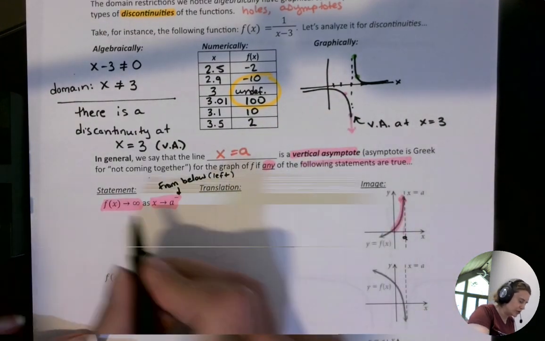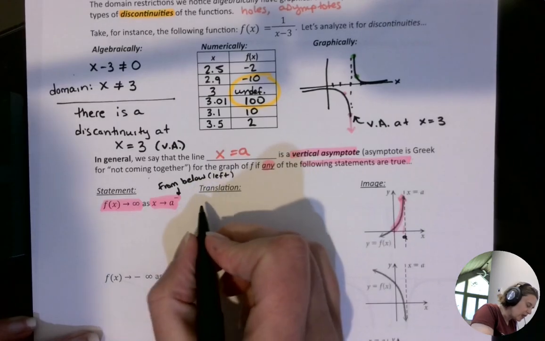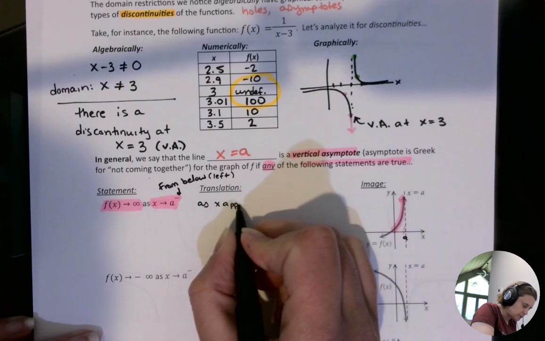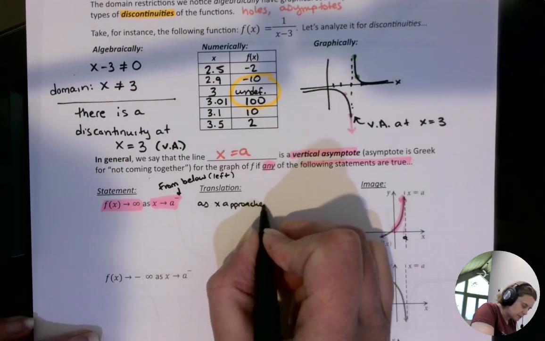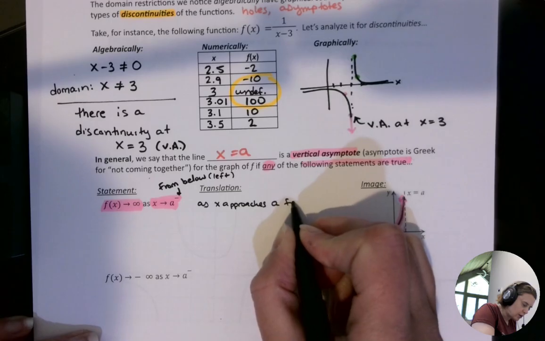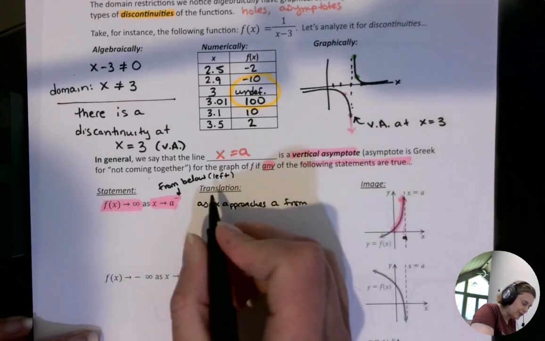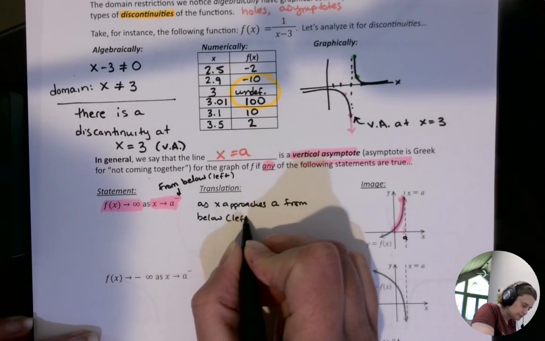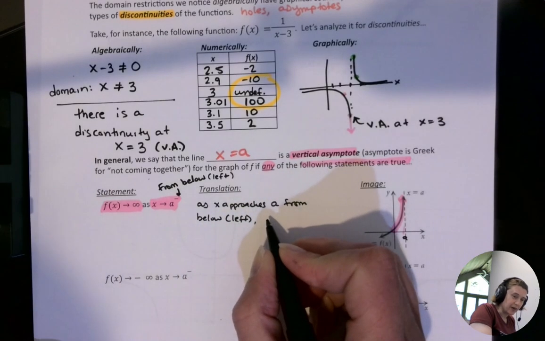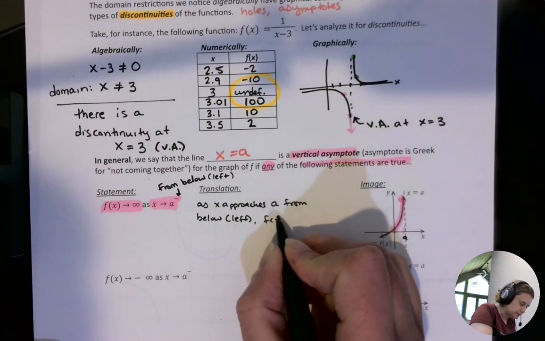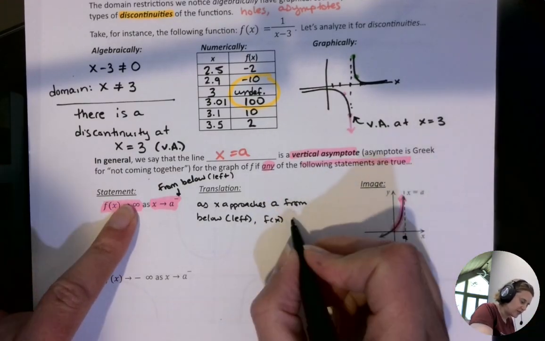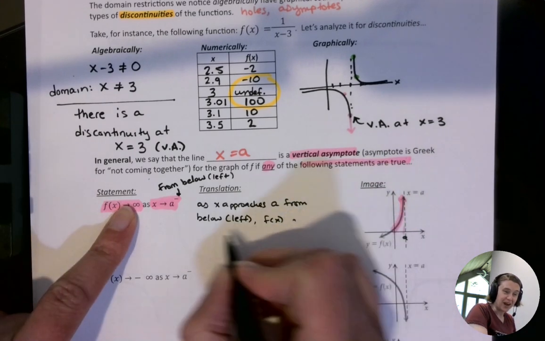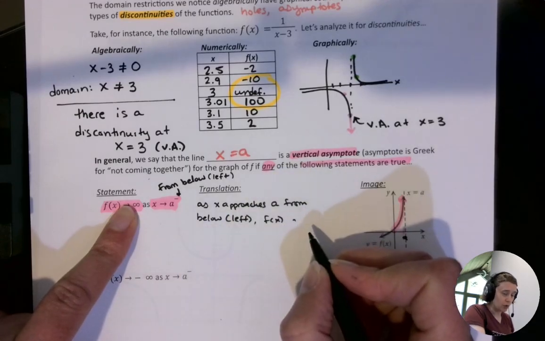So our translation here, just going to write this out in words. This means that as x approaches the value a from below or from the left, the y value, which is f of x, approaches positive infinity. I can write either approaches positive infinity, or that it grows without bound.